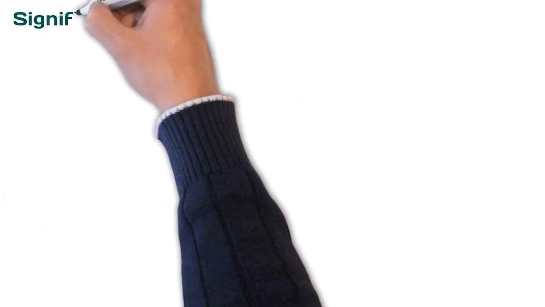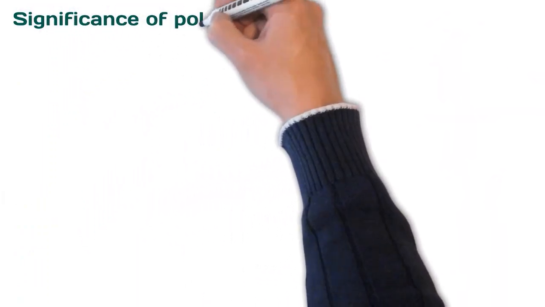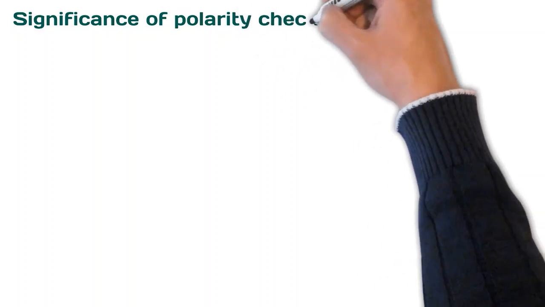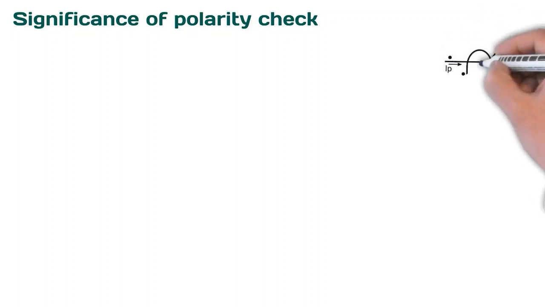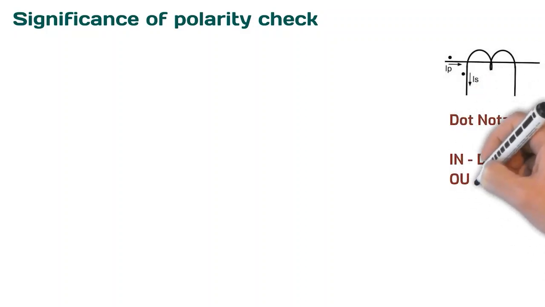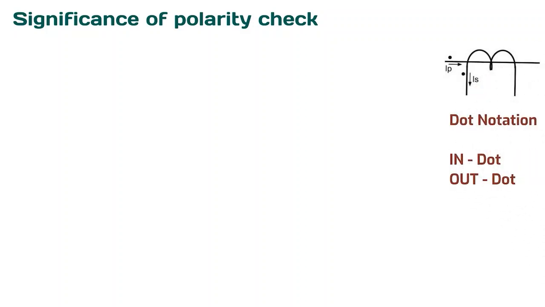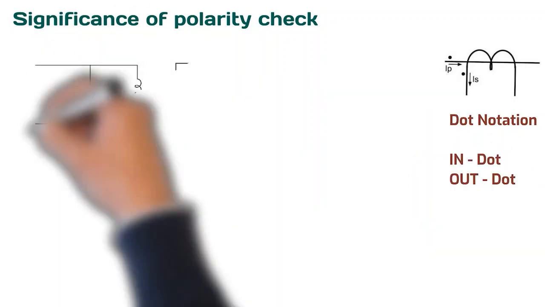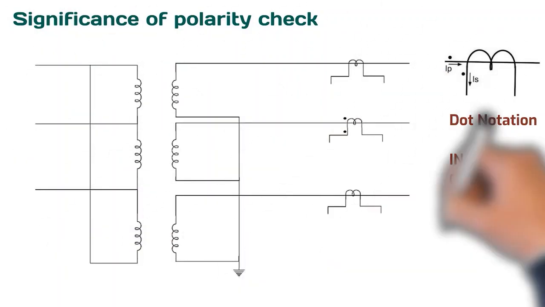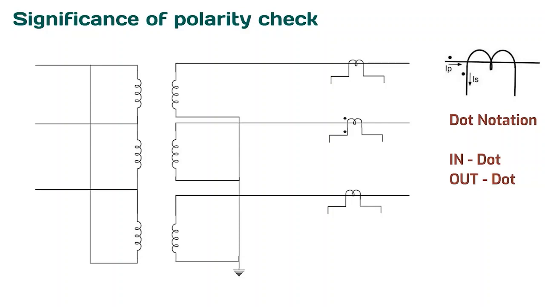It is very important to observe the correct polarity when installing and connecting a CT to power meters and protective relays. To check the polarity, let's recall the dot notation. You can see two dots in two windings. This means if current flows into the side of one dot, then the other dot refers to current flowing out of the side of that dot. So now you see a three-phase delta-star transformer and three current transformers connected to each phase on the secondary side.